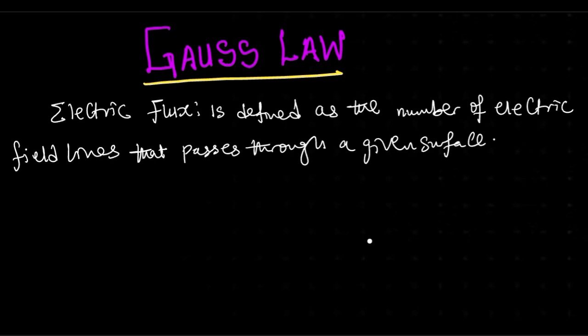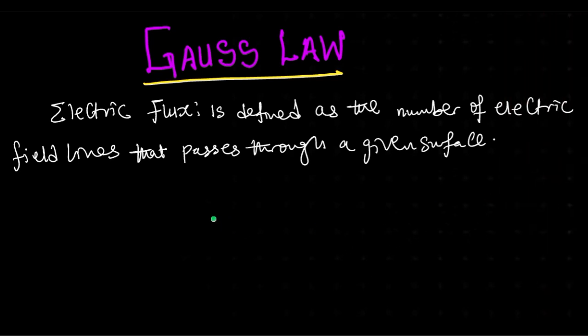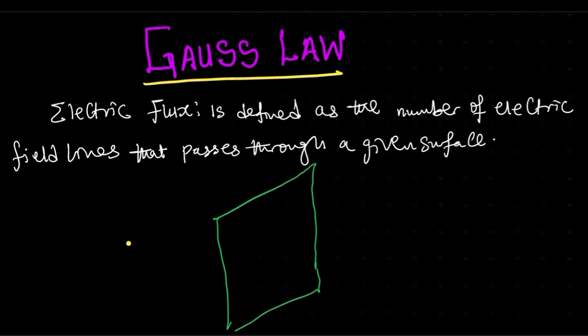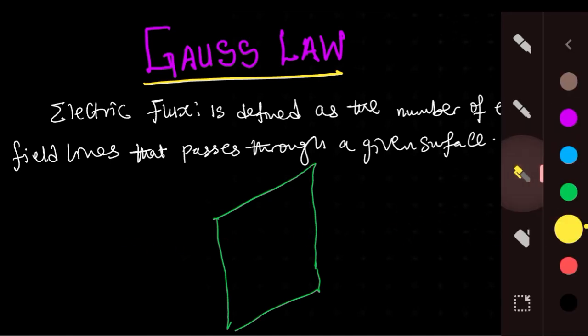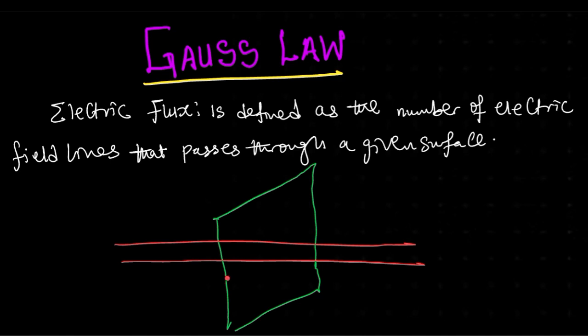Let's imagine a surface like this. We imagine that there is an electric field passing through this surface, and we denote this electric field using lines, by line convention.